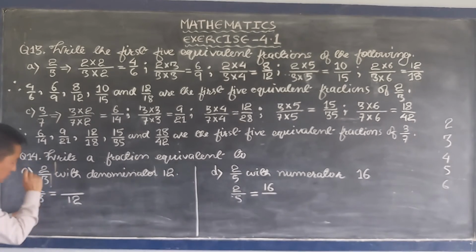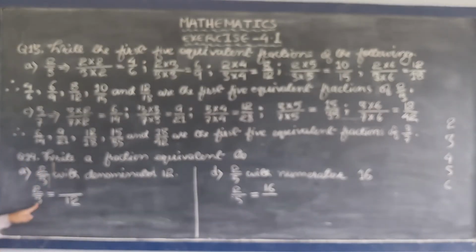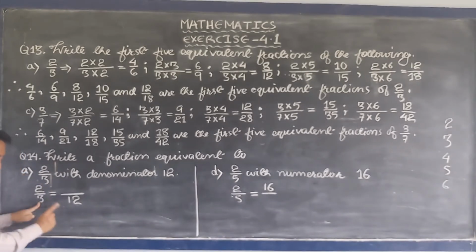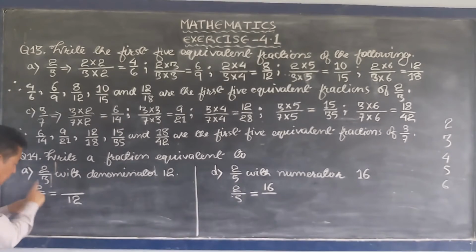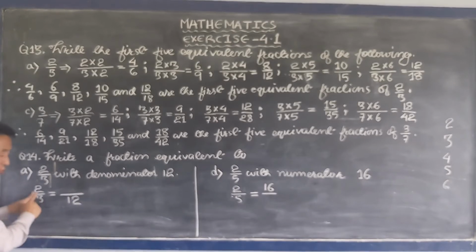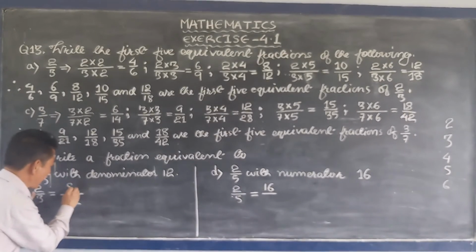That means how many times is 12 divided by 3? 4 times. 3 fours are 12. So here 3 is multiplied by 4. 4 threes are 12, so this 2 should also be multiplied by 4. 4 twos are 8.